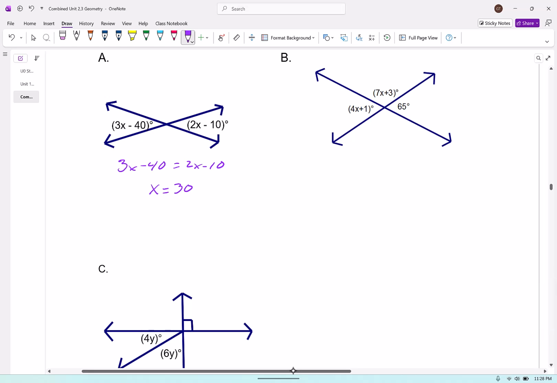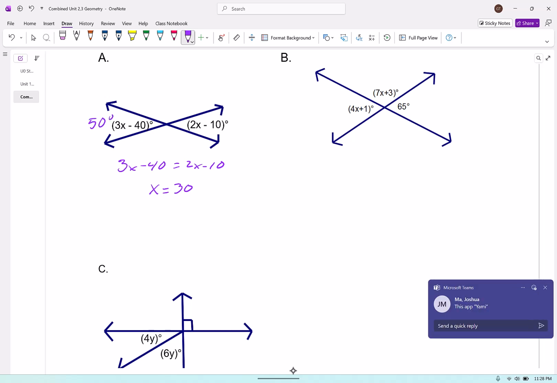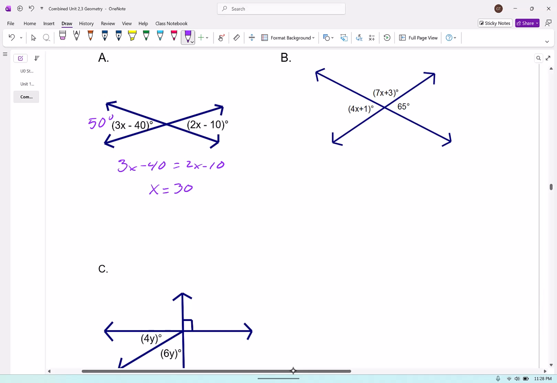And so if x equals 30, I could plug that in: 3 times 30 is 90 minus 40 gives me a 50-degree angle. If I plug that into this side, I get 2 times 30 gives me 60 minus 10, and it confirms it's a 50-degree angle. That's an acute angle, so visually that seems to make sense as well.